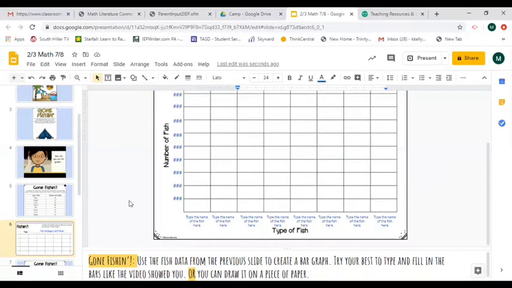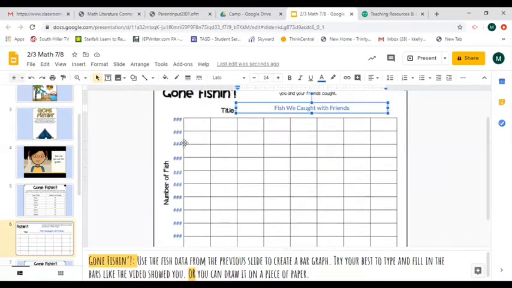Next, I'm going to do the numbers on this side. So I'm probably going to count by tens. Sometimes, depending on your data, the numbers that you have, you might count by ones or fives, but today I'm going to do tens because I think that's a good number.